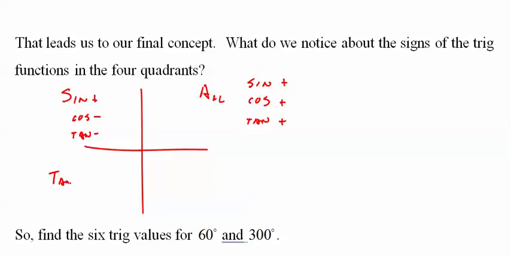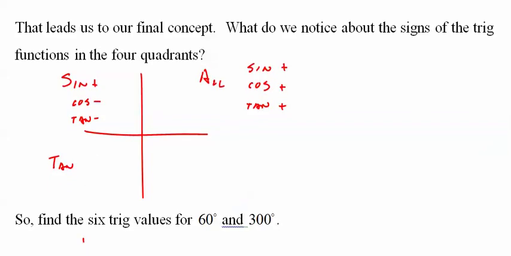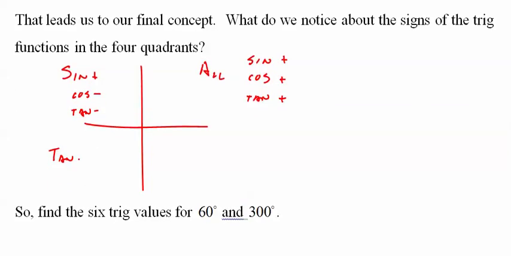T stands for tangent. Tangent is positive, meaning sine is negative and cosine is negative. C stands for cosine, meaning cosine is positive, sine is negative, tangent is negative.